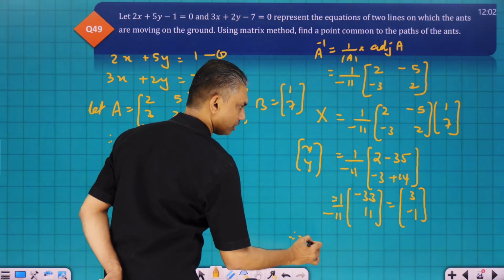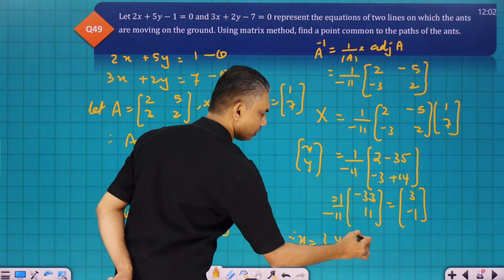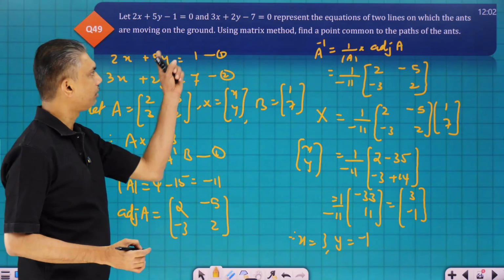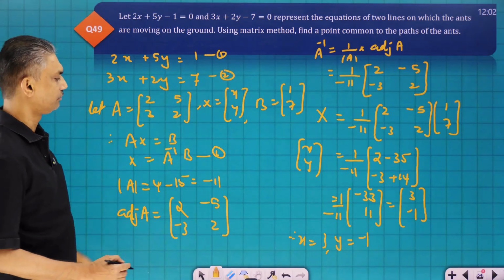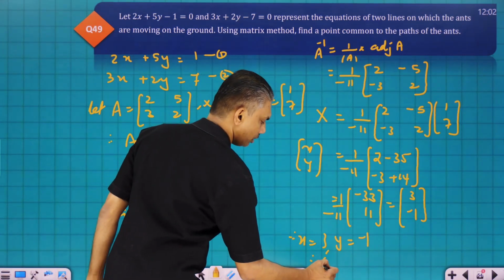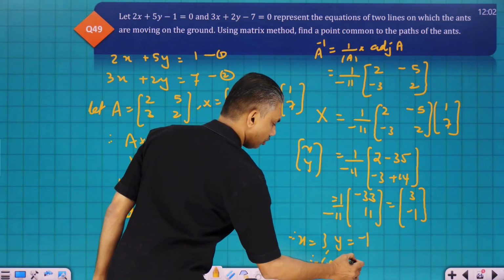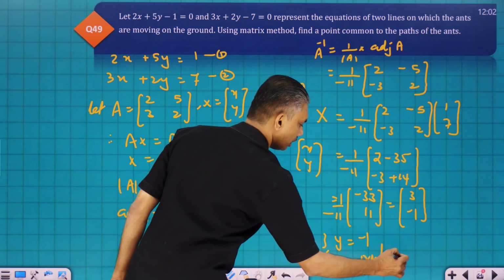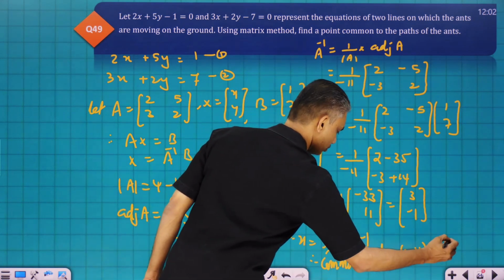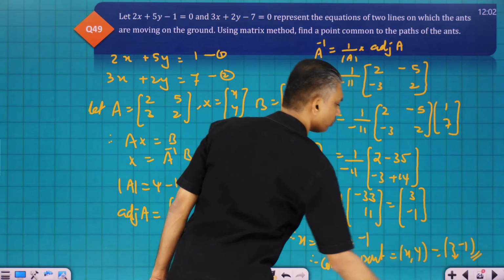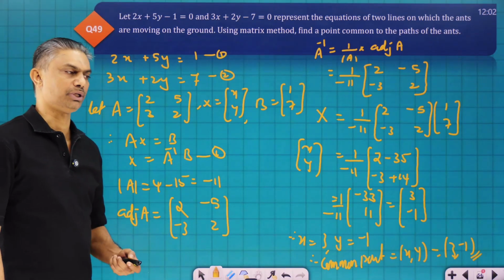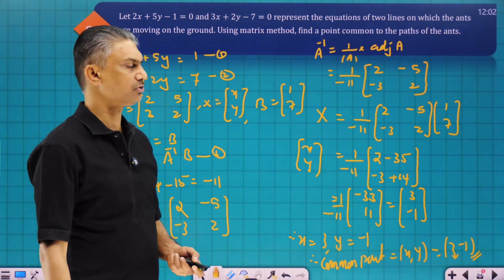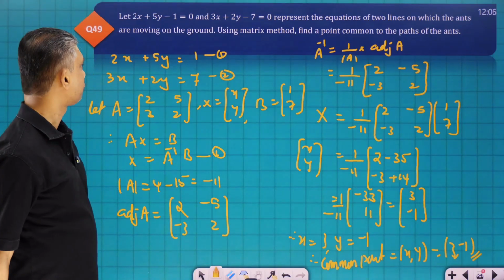X is equal to 3, y is equal to minus 1. Therefore, what is the point of intersection? The point common to both the paths. Therefore, the common point is equal to x, y, that is equal to 3, minus 1. So, very simple. Basically, solving a 2 by 2 matrix equation, that's all. Let's go for the next question.